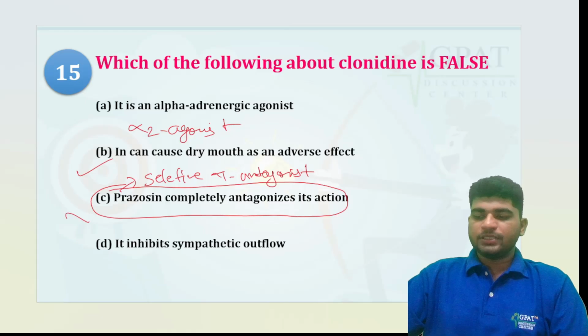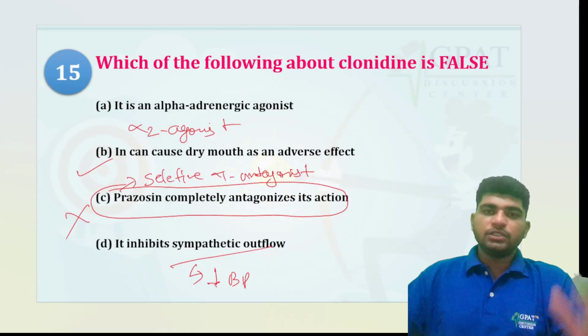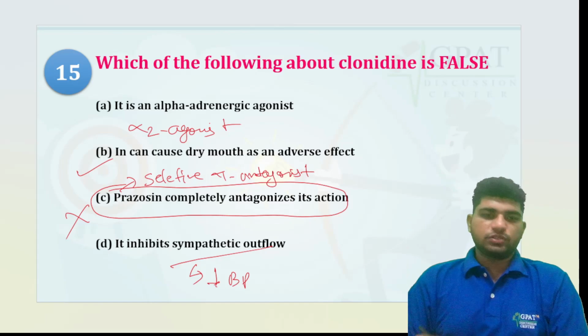So this option is very much wrong. It inhibits sympathetic outflow. Yes, from this only it is lowering down the BP. So prazosin is a selective alpha 1 antagonist, that's why it has no role on alpha 2 receptor. So there is no interaction between clonidine and prazosin.